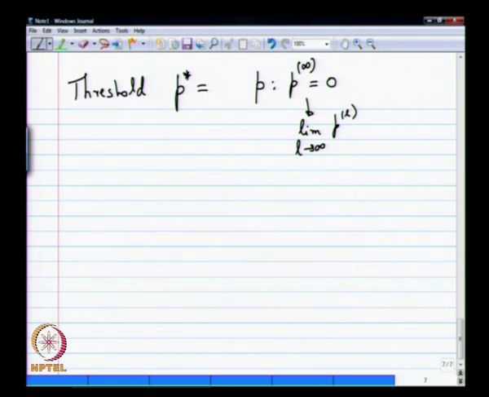So that limit is P infinity. This clearly is a function only of P, right? For a fixed P, you will get a P infinity, which might either be 0 or not. So I am going to look at the set of all P such that P infinity is equal to 0. For instance, P equal to 0 is clearly an entry in this set. If P is 0, then P infinity will clearly be 0. It's nothing more that can happen. No error at all.